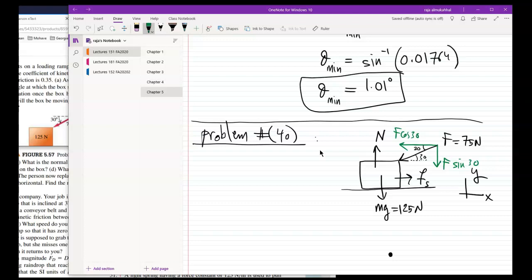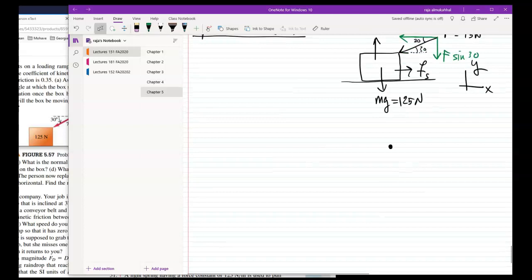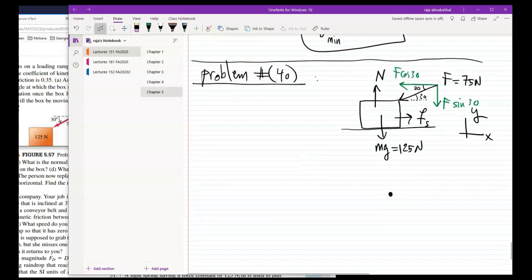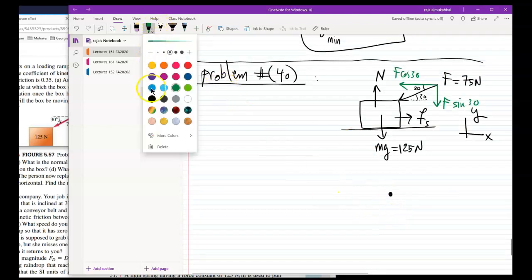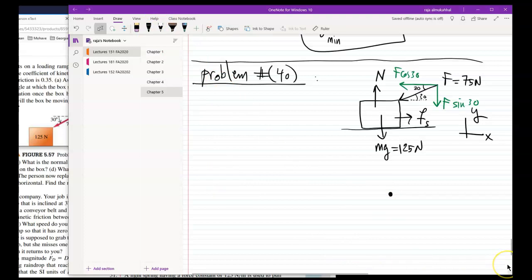There we go, okay? So now, if I'm going to draw the FBD, I'm just going to put all these forces on this knot, if you will, okay? So here I have the normal, right there. I have the friction right there. I have the mg like this. Whoops, should be vertical.